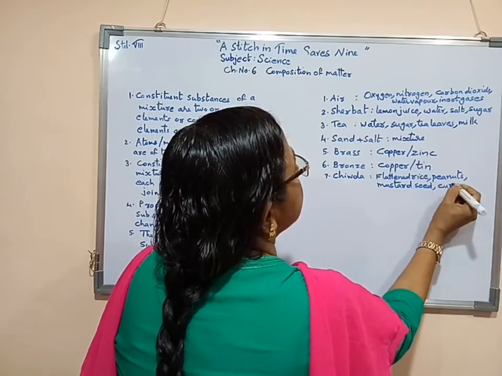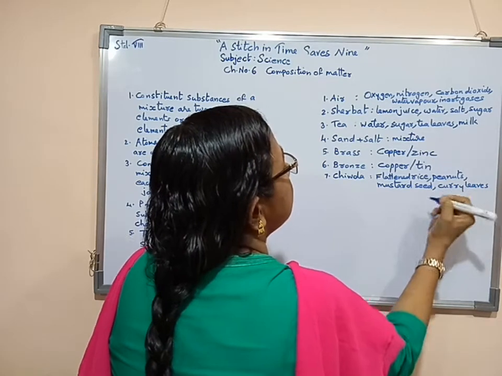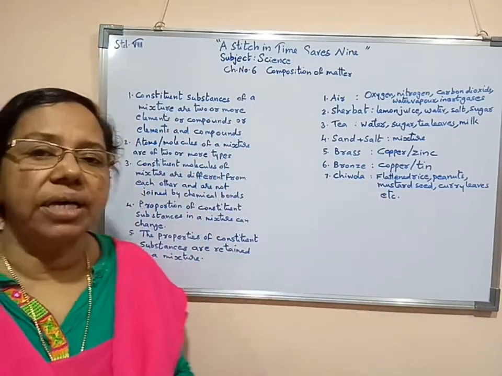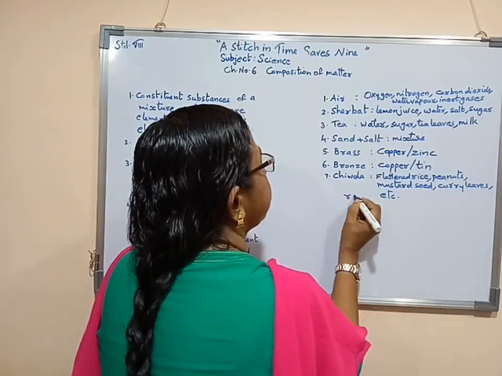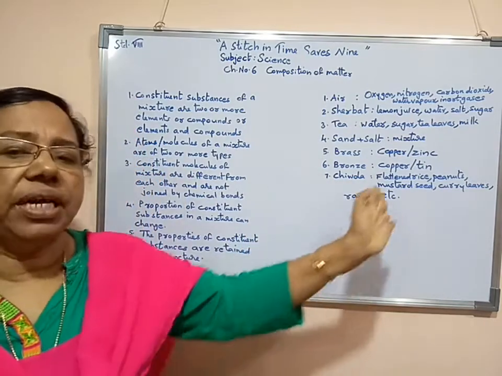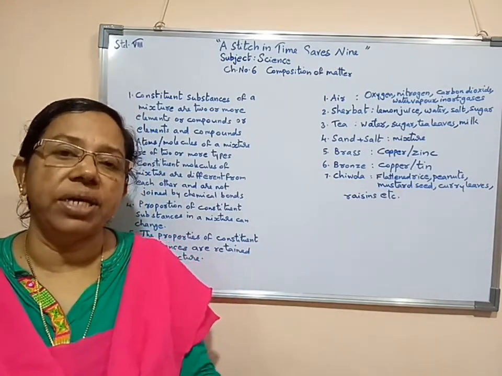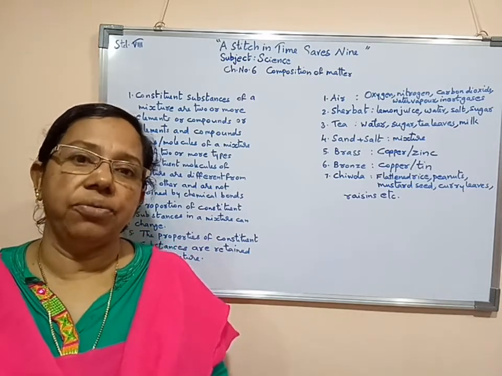Curry leaves, etc. So many things people are adding for making chivda, even we can add raisins. As per our wish we can add whichever things you like to mix in that chivda, then we can fry or roast and have it.